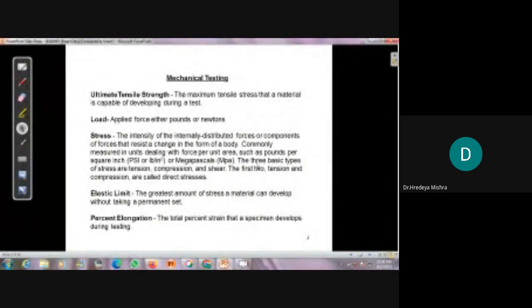So the maximum value of the force where this phenomenon takes place is the elastic limit.